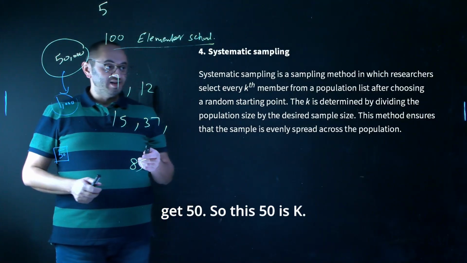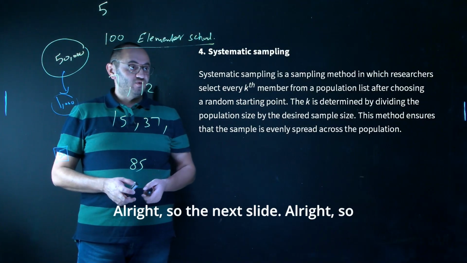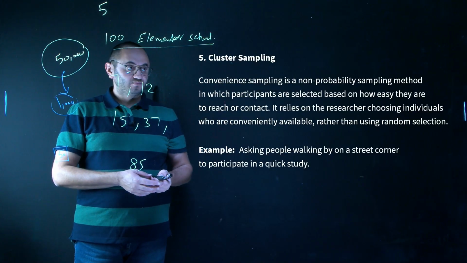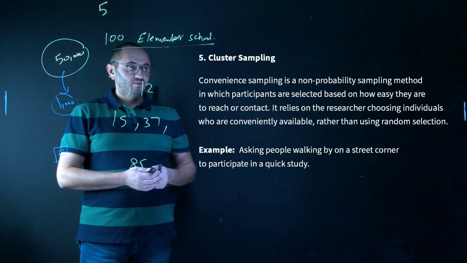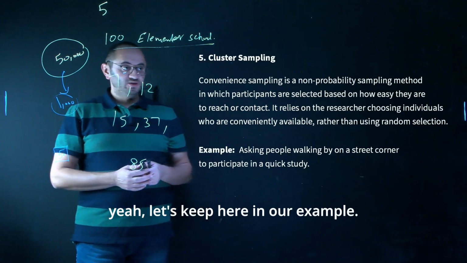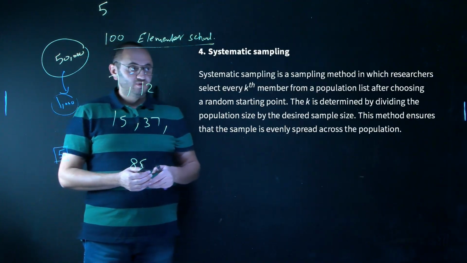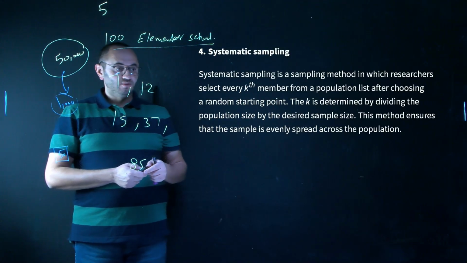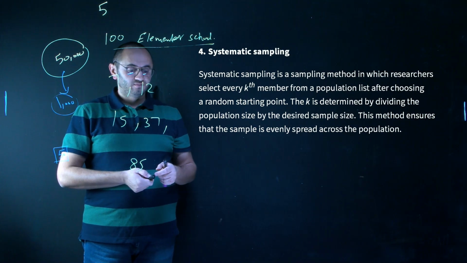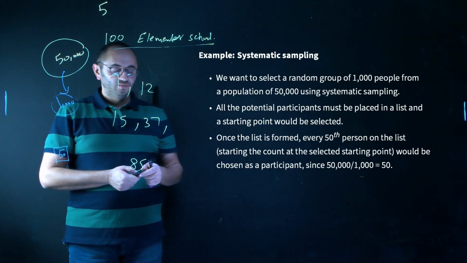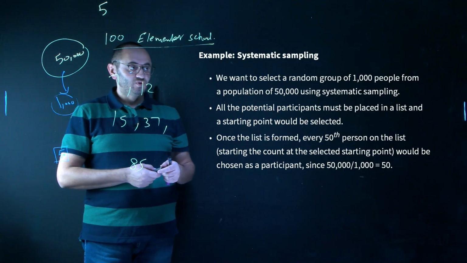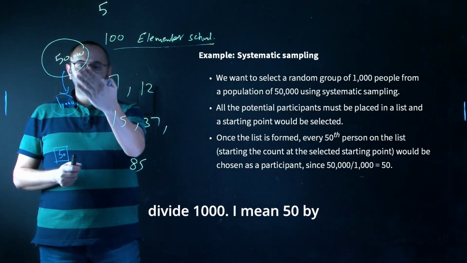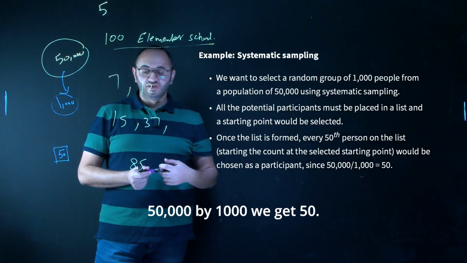So this 50 is K. So we divide 50,000 by 1,000, we get 50.